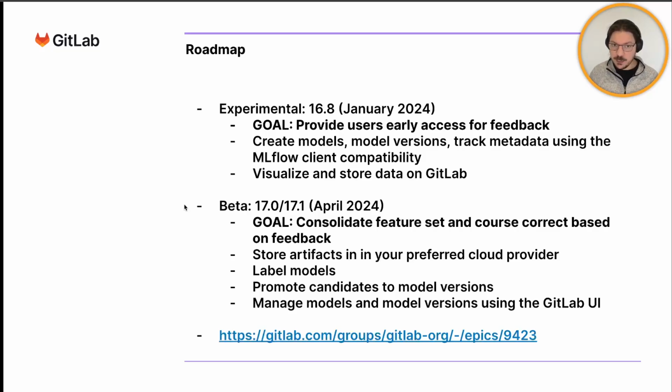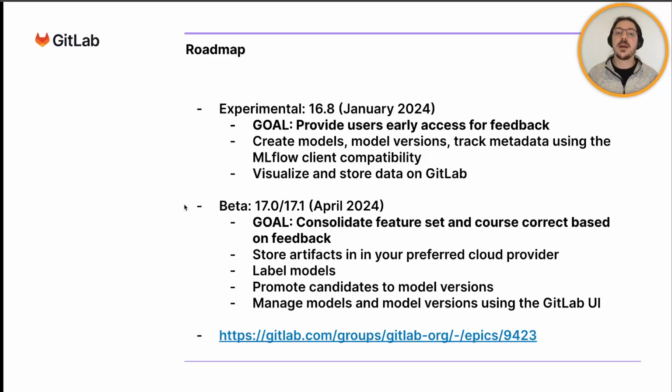On this experimental version, it's limited to one way of creating things, one way of seeing things. One way of creating things means you can create your models and your model versions using the MLflow client, and you can see the data in GitLab. This is the experimental version. We plan on releasing this in version 16.8, which is January.